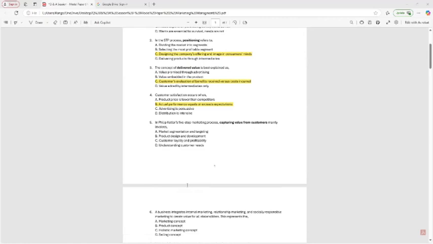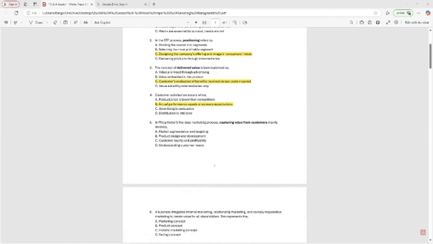So you can see the answer to what I asked in the question. Let's see the question again: in Philip Kotler's 5-step marketing process, capturing value from customers mainly involves... You can see the answer is step number 5, capturing value from customers to create profit and customer equity.